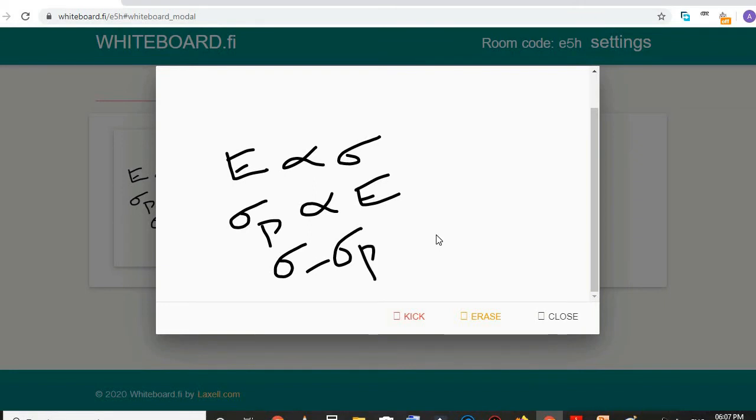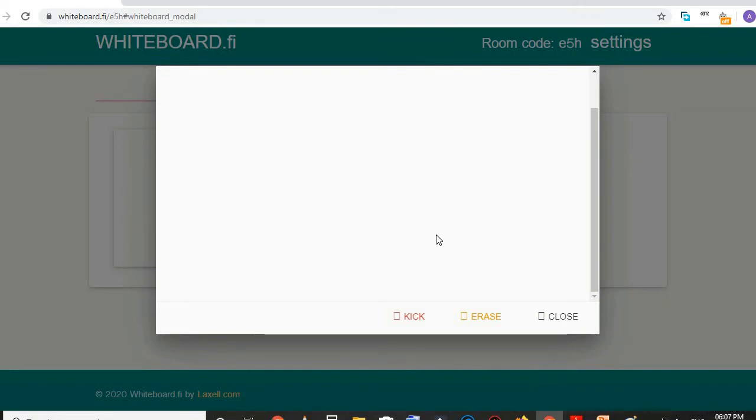Okay, what does it mean? That means sigma minus sigma P is proportional to sigma. Because when sigma increases, E increases, E increasing, sigma P increases, sigma P increasing, sigma minus sigma P will increase.